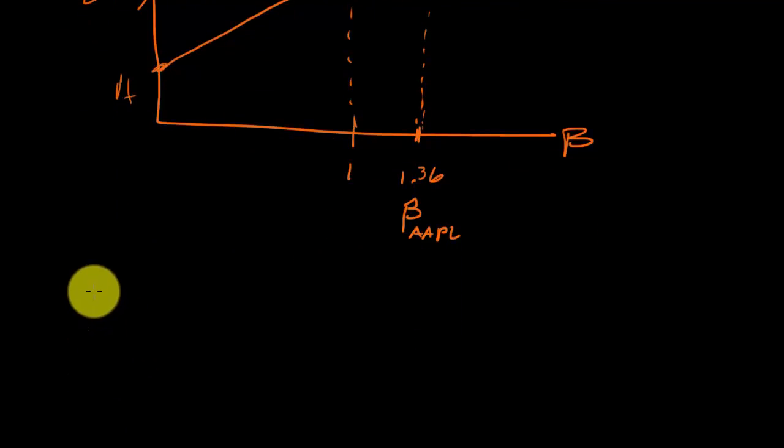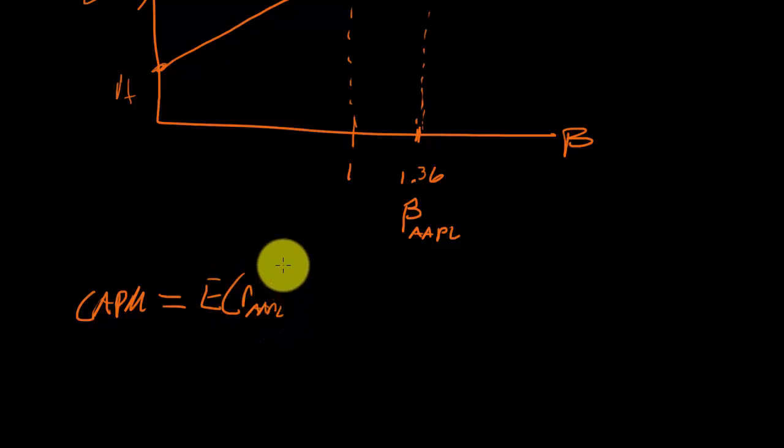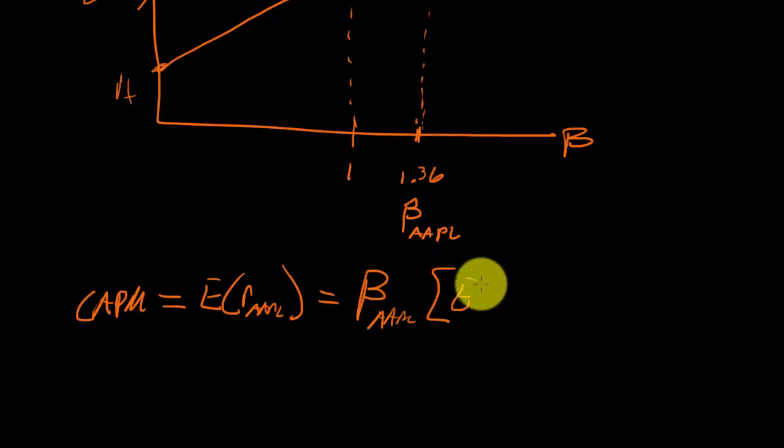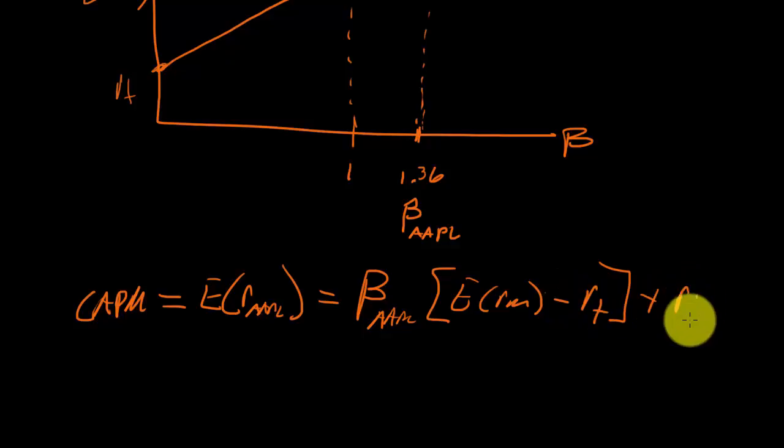So let's go back to the CAPM. I would expect to see this on your exam in the future. That says that the expected return of Apple is equal to Apple's beta times the expected return of the market minus the risk-free rate, plus the risk-free rate.